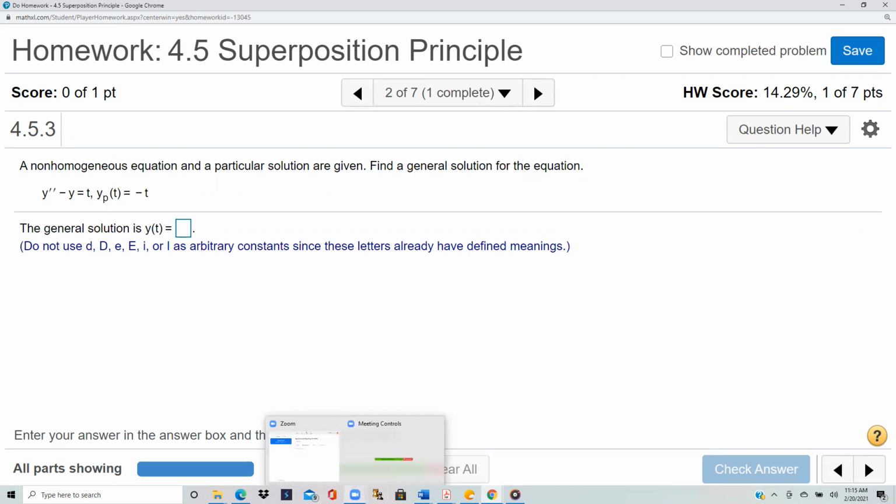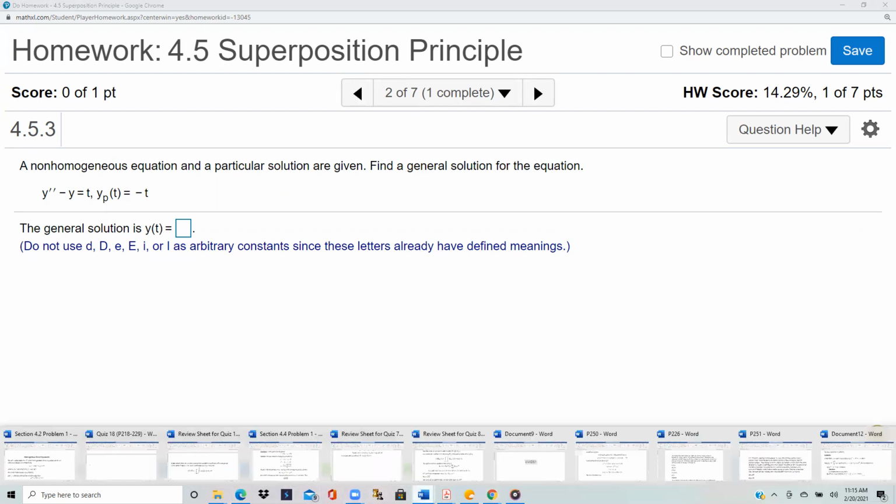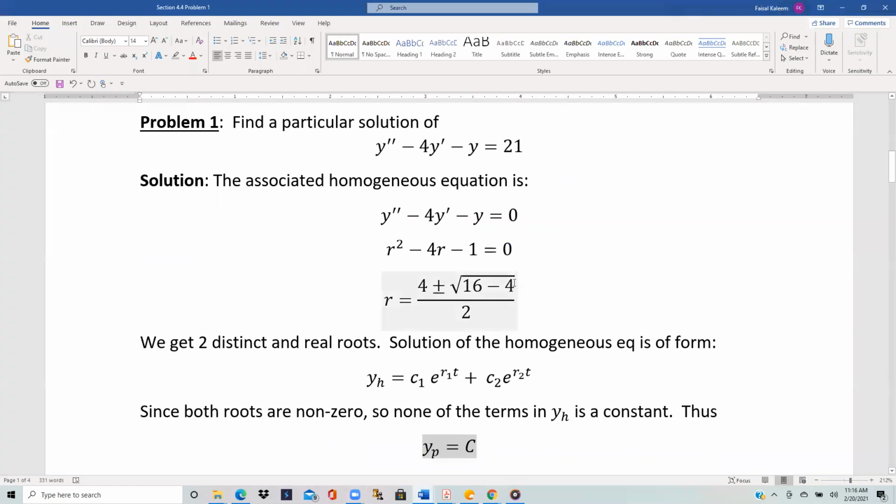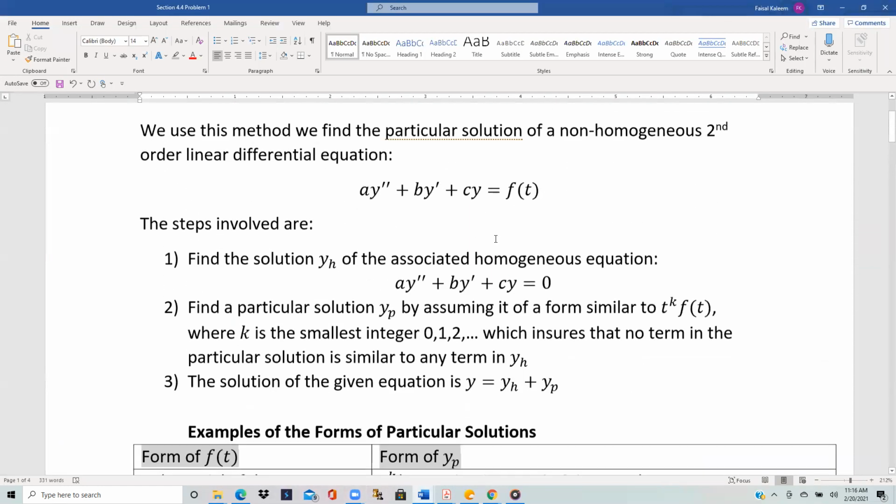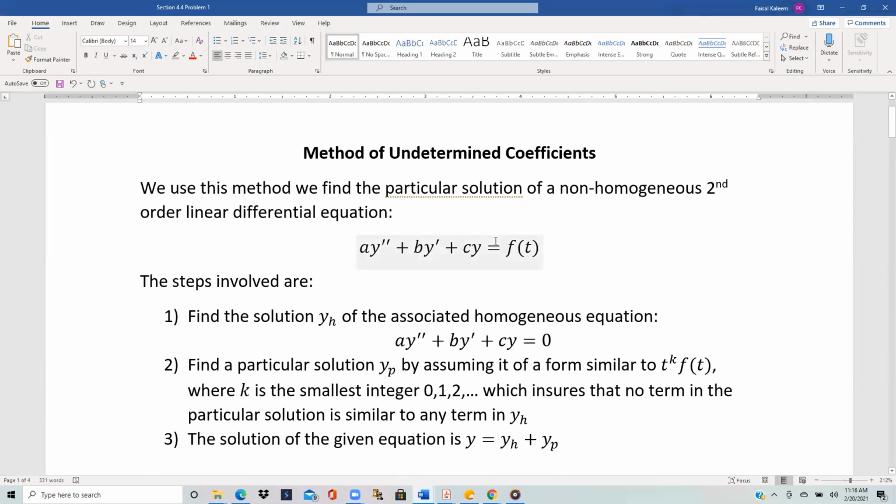Let's go back. Let me see. So was it 4.4? Okay. So 4.4 was about undetermined coefficients.